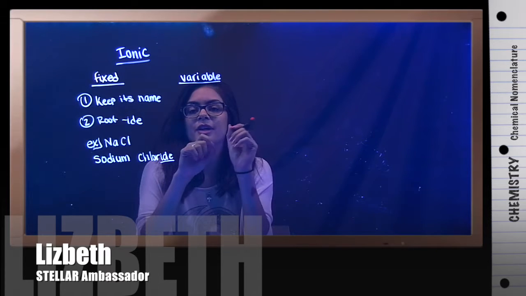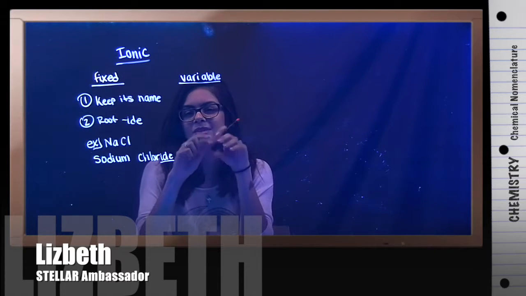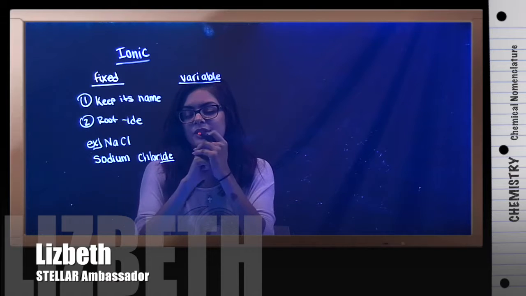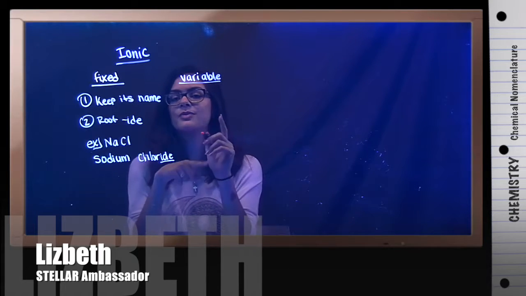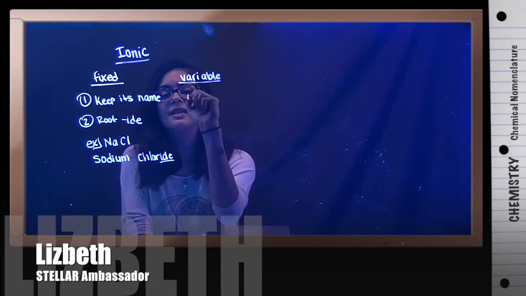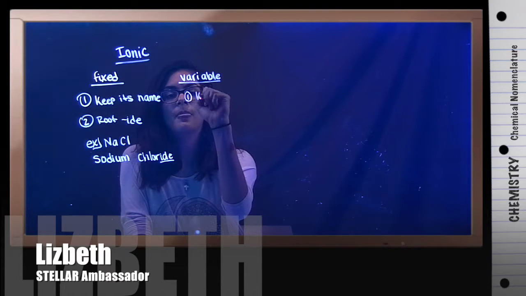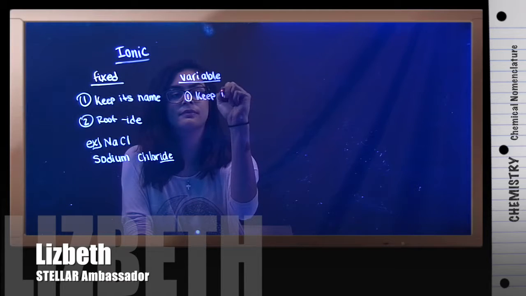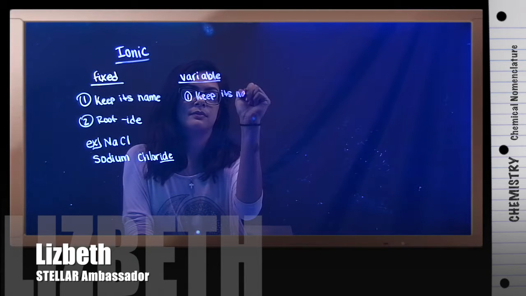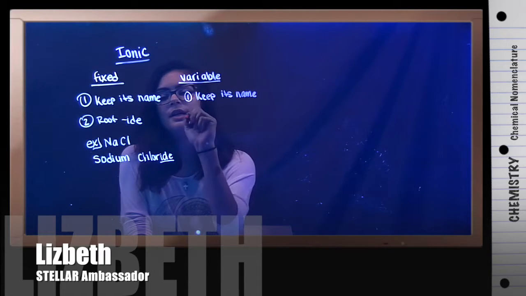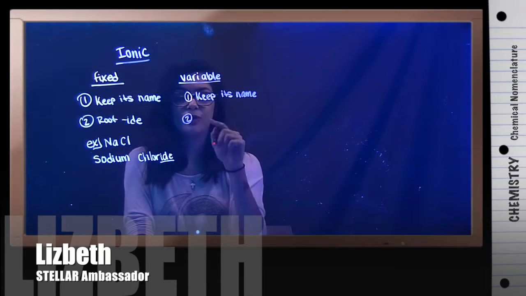Now we're going to move on to variable charges. This one's a little bit more complicated because we don't know what the charge is. So the first one still keeps its name. You're going to see that this is going to be a common element throughout all of the examples we're going to do today. And then the second one is going to have root and "ide" as well.